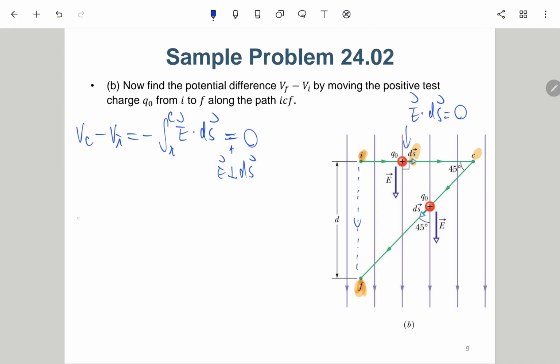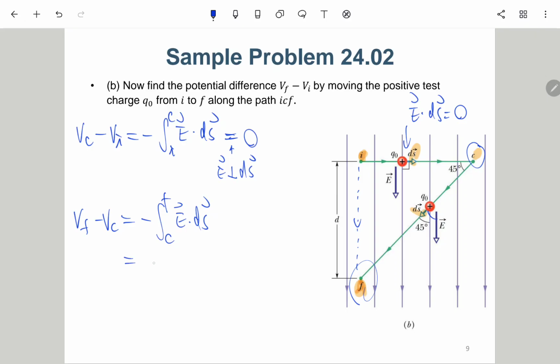Next we compute Vf minus Vc, starting from this point and moving to this point. It will be negative integration of E dot ds from C to F. Here ds is along this direction, so there is a 45 degree angle between E and ds.